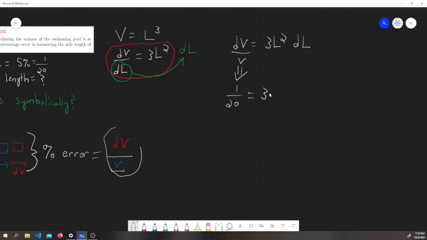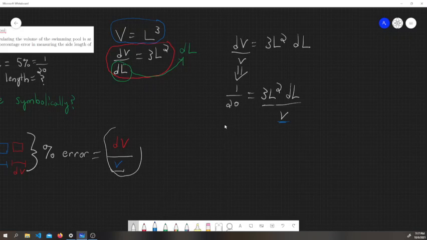It's equal to 3L squared dL over, whoops, not dV, it should just be a singular V. Now we can also make the substitution that we know V is equal to L cubed, so we can just plug that in right here.